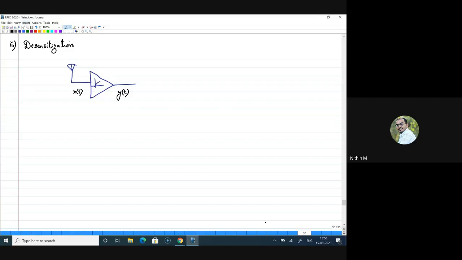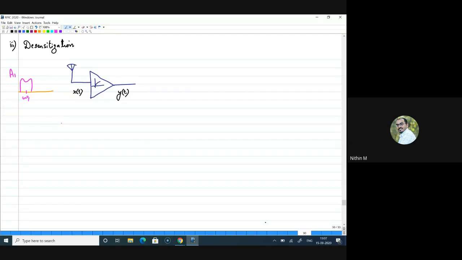So say you have a desired signal. Why I'm showing this representation is to show that this is a modulated signal. Some information is coming through this, and say this is at angular frequency omega 1 with an amplitude of A1, which is a desired signal.